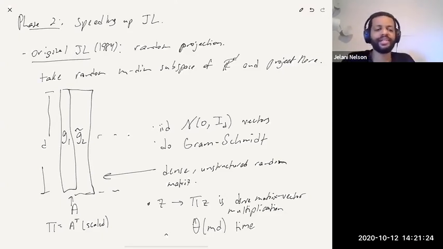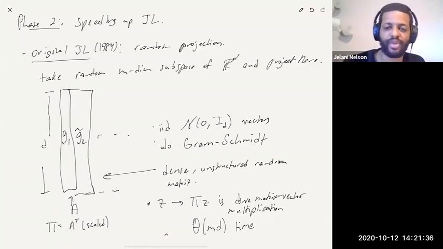So we've nailed the dimension that's achievable, we've basically nailed part B. We know that you can achieve 1 over epsilon squared log n, and in the worst case there are some point sets where you cannot do better than that by more than a constant factor. So now the question is, can we improve part A, which is speeding up the actual embedding?